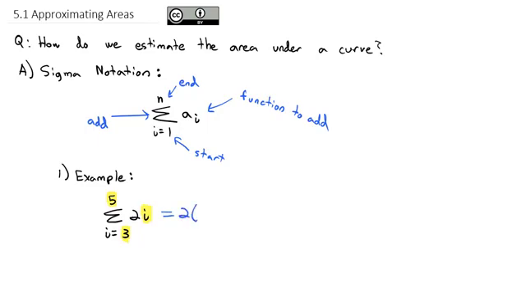So we start at the bottom. The bottom number is 3, so it's 2 times 3. And the sigma says we're going to add 2 times the next number, which is 4. And then we'll add 2 times the next number, which is 5. And then if I put that all in my calculator, 2 times 3 plus 2 times 4 plus 2 times 5, we end up with our sum, which is 24.